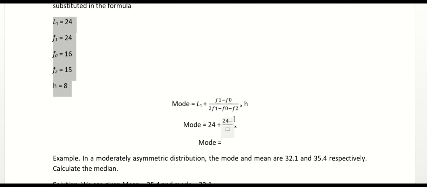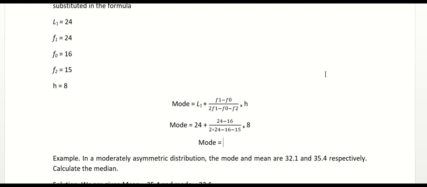F0 is 16, divided by 2 into F1, so 2 into F1 is 24, minus F0 is 16, minus F2 is 15, into H. H is 8. So we have applied all the values in the formula of mode.